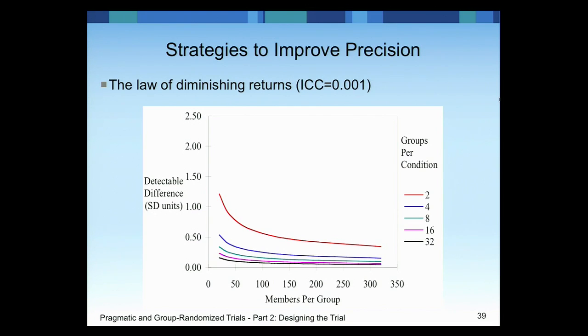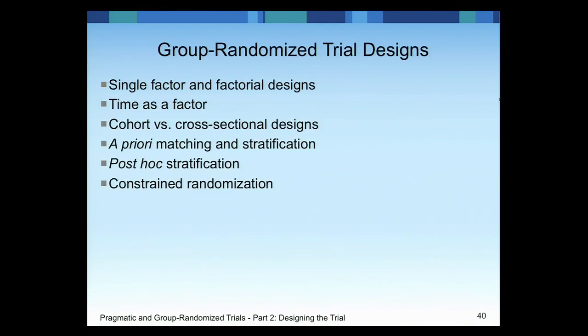In this case, adding members has a little bit more of an impact than it did when the ICC was larger. So we're still gaining precision going from 100 to 150, even going from 150 to 200, where previously we got very little out of that.